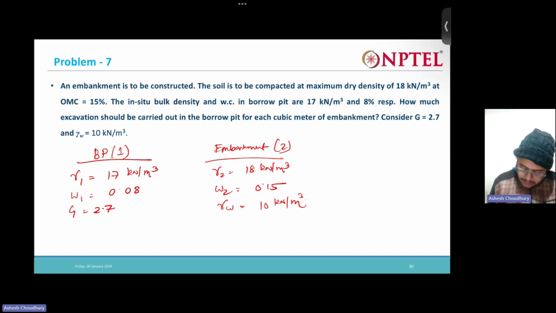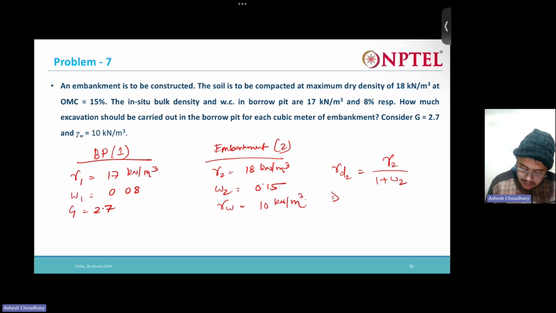Right? So what we can do for this, we can find out the bulk density of 2, the required bulk density. The dry density is given. How to find the bulk density? Bulk density is nothing but dry density times 1 plus water content.